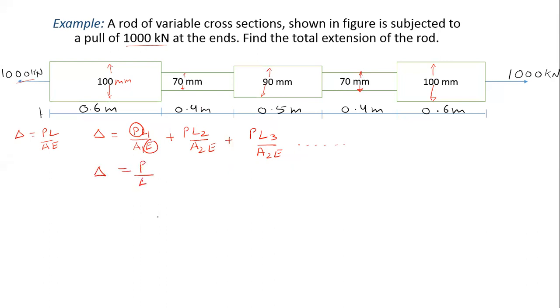Delta is equal to P upon E. We can take E for steel as 2.1 into 10 to the power of 5 Newton per mm square. So here P and E are constant, so it will be P into L1 upon A1 plus L2 upon A2 plus L3 upon A3 plus L4 upon A4 plus L5 upon A5.